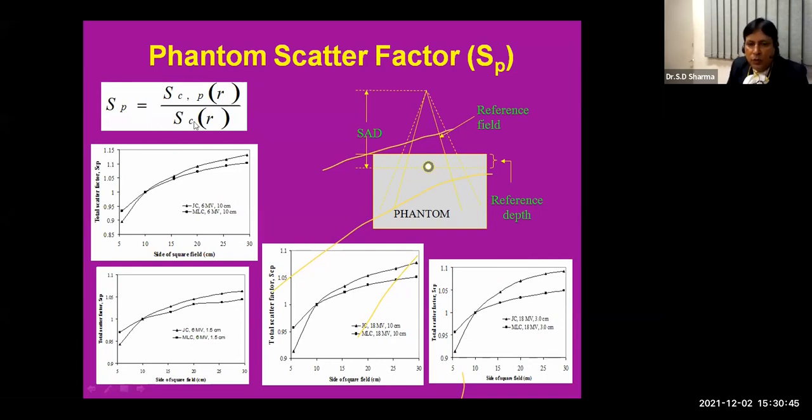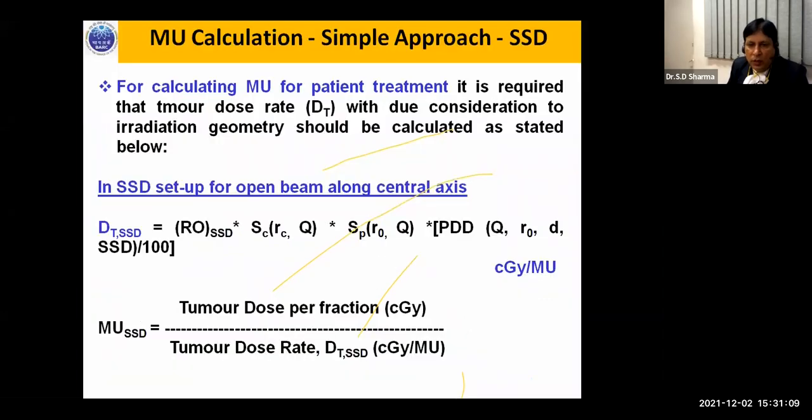And this is the approach followed more generally by all the people. Some of the values which have been measured for different situations you can see here. It is measured at 1.5 centimeter depth, that is DM, the depth of dose maximum. So obviously there are some differences due to the contribution of contaminated radiation. This is just an overview, because these parameters will be required while doing monitor unit calculation.